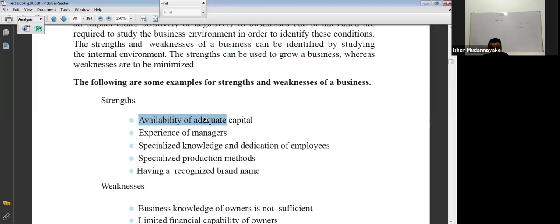Having adequate capital is one of the strengths for the business. Chamatkar, second one. Experience of managers. Yes, managers' experience is a strength for the business. Danuj, the third one. Specialized knowledge and dedication of employees. Yes, employees' experience and their education, and their knowledge is a strength for the business.